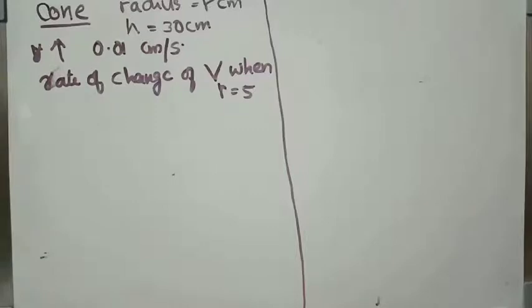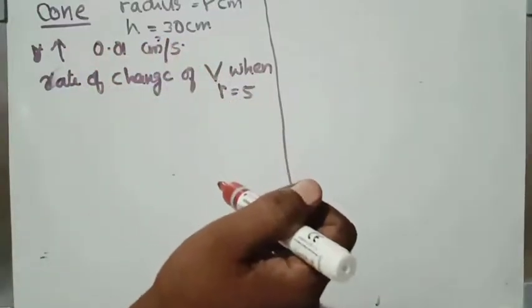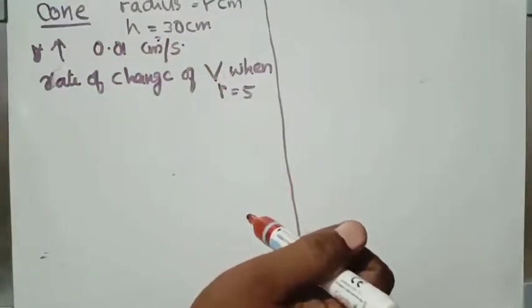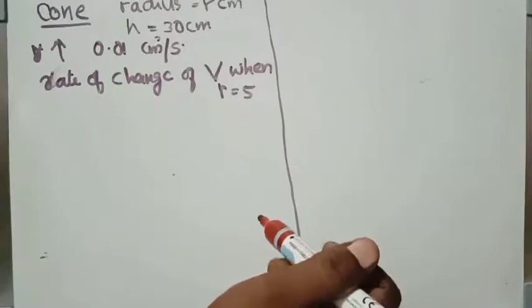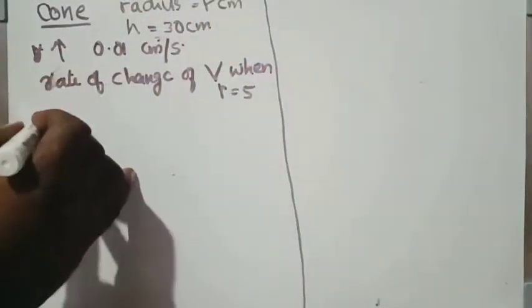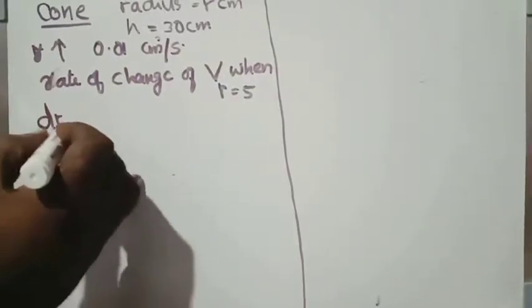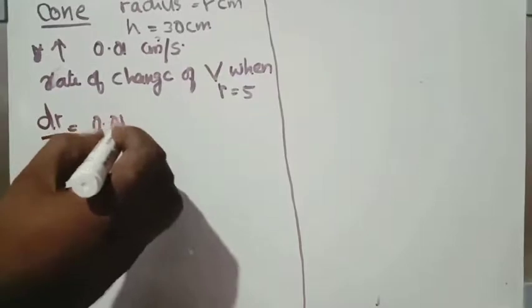And the radius of the base is increasing at a rate of 0.01 centimeter per second. So there is a rate of change in radius. That means dr by dt is 0.01.